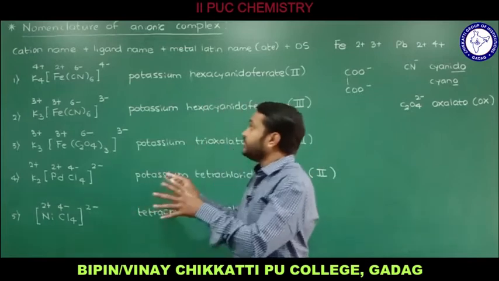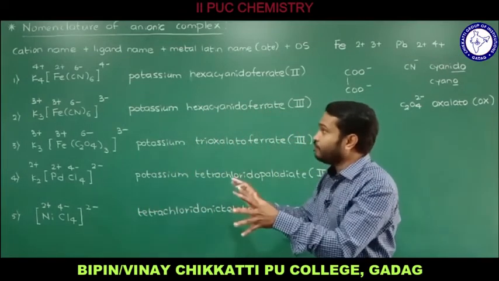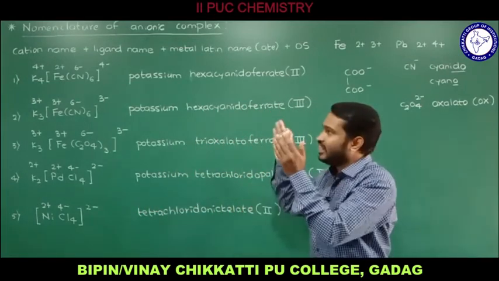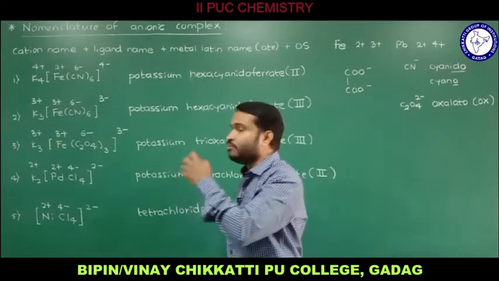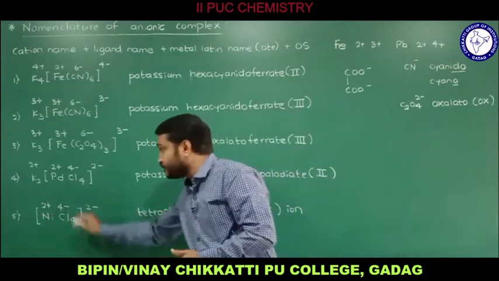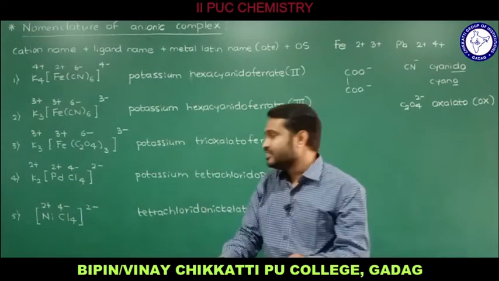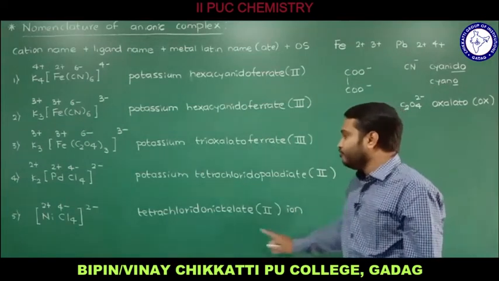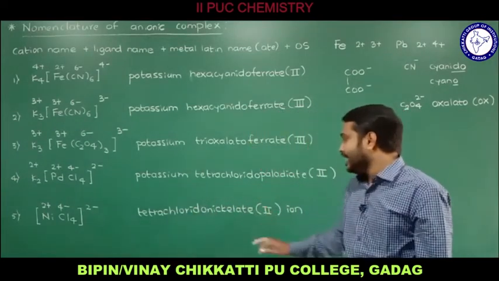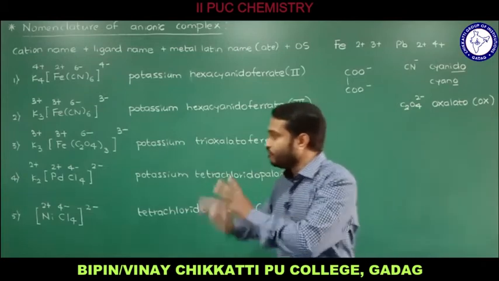Originally these are coordination compounds, because the charge of the coordination sphere is going to be balanced by the counter ion, whereas in this case we don't have any counter ion to balance the charge of the complex. Therefore the word I introduced is ion. Therefore tetrachlorido nickelate(II) ion will be the name of this particular compound.